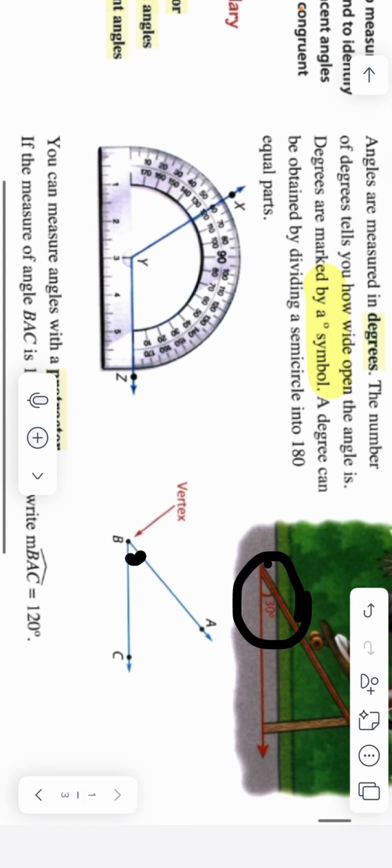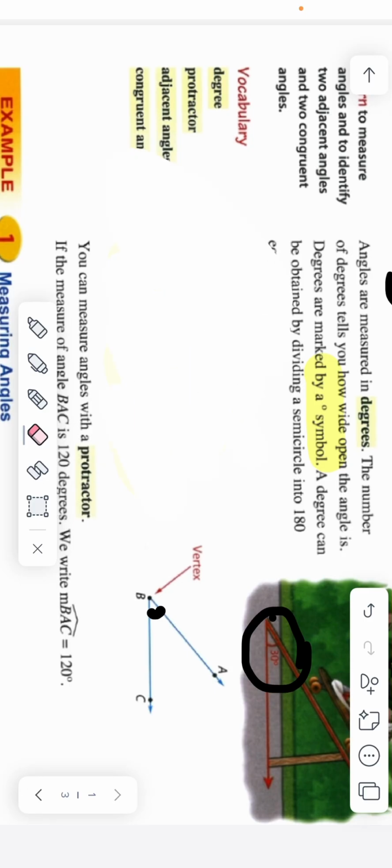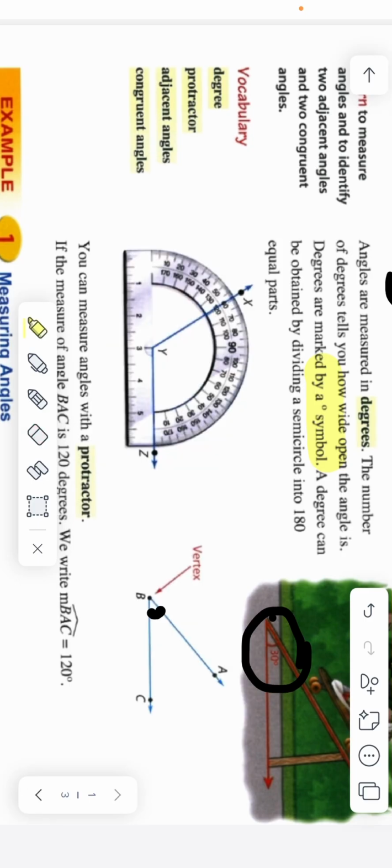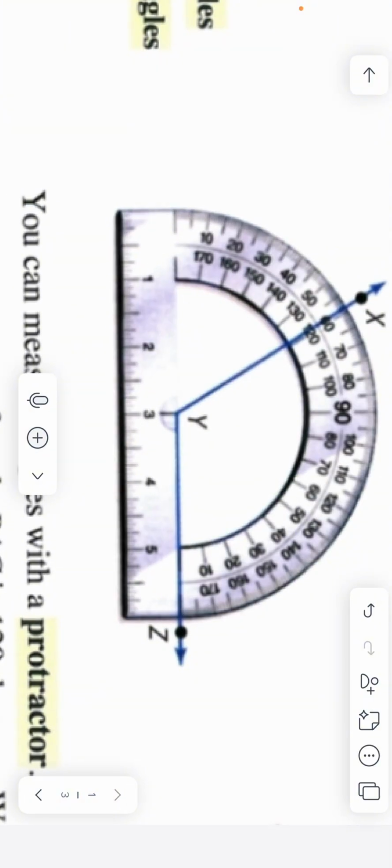Okay, and what tool do I use to measure an angle? We use a protractor. This is a protractor. How do we use it? If you look at the protractor, what do you see? We have a straight line and also a half circle.